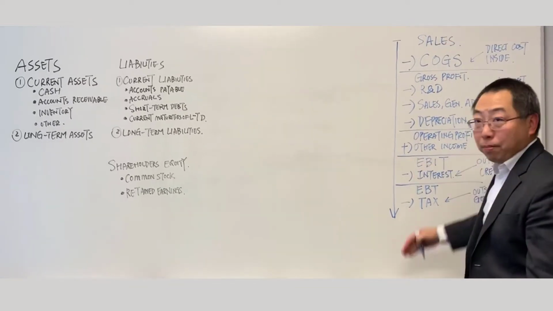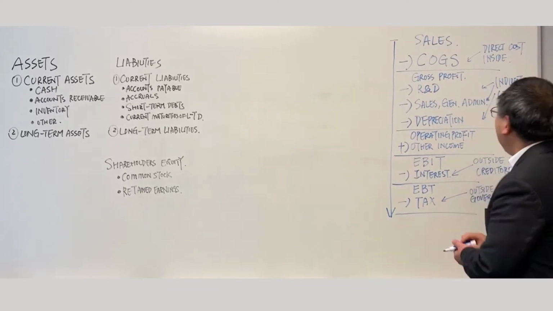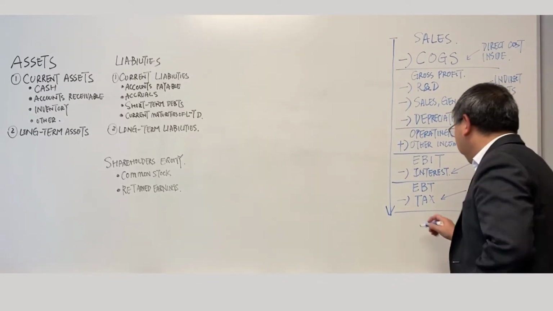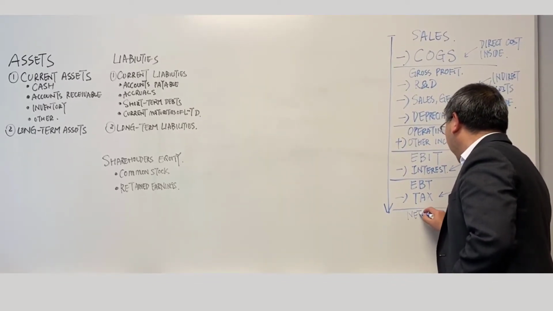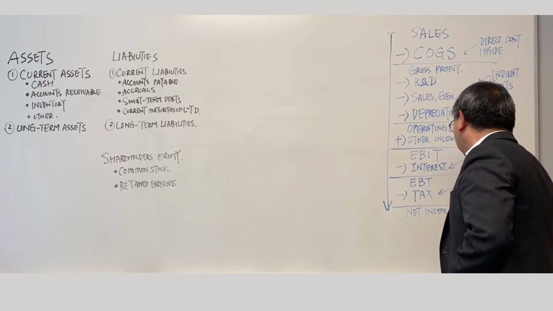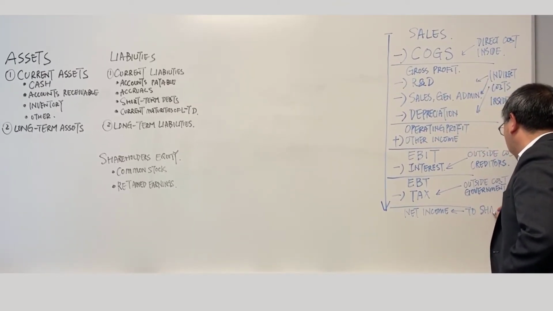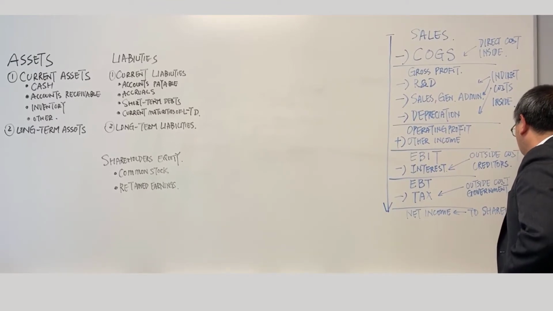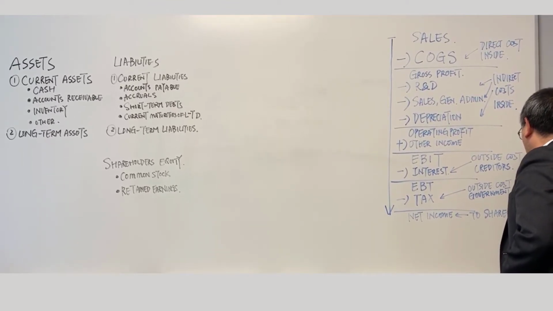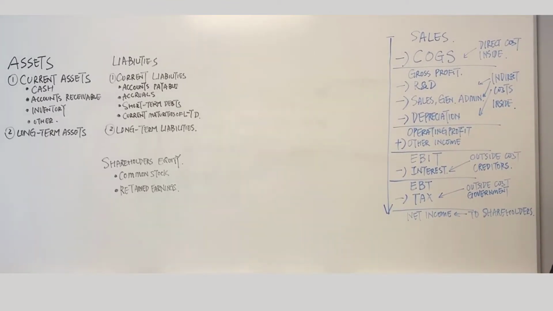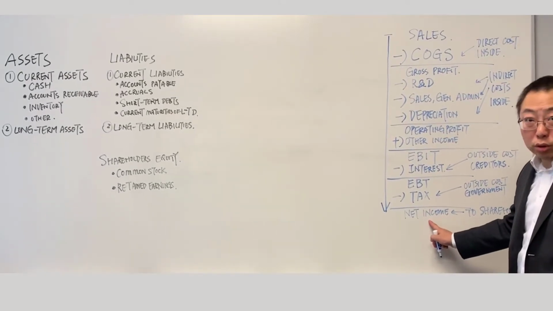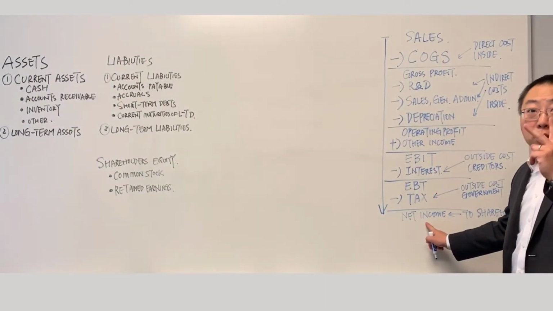Finally, top to bottom, after subtracting the costs, we have net income, which is to our owners, shareholders. This amount of net income usually has 2 paths to go.